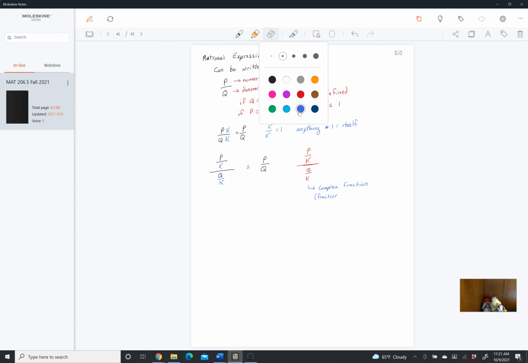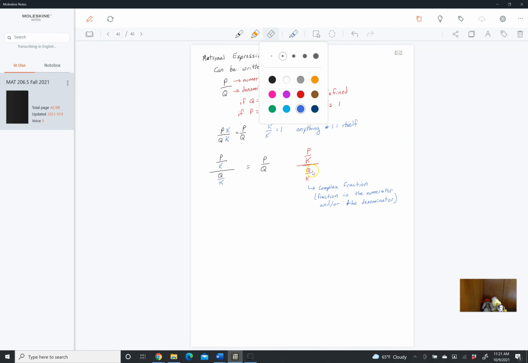Or a fraction in the numerator, in this case, and in the denominator. And we're going to talk about this when we divide as well. So there are a couple of times that these complex fractions come up.